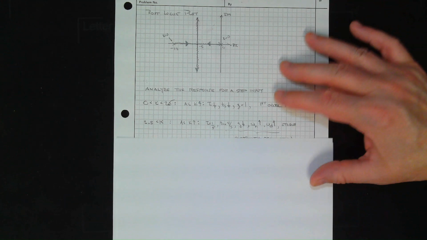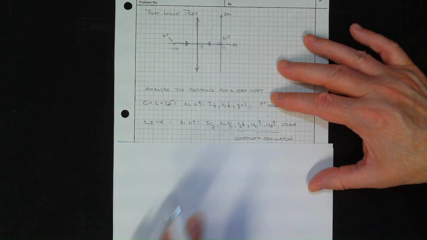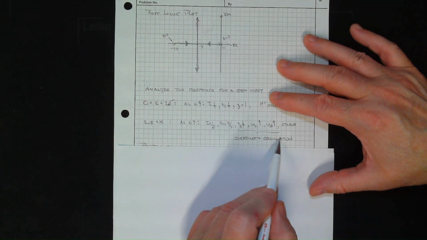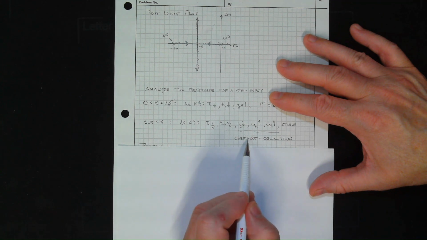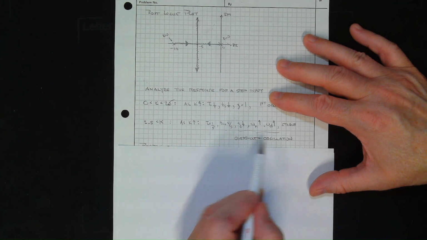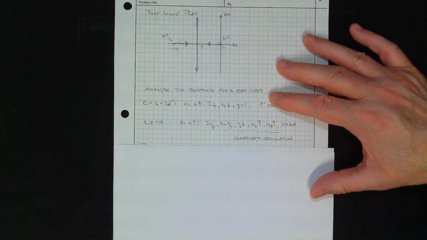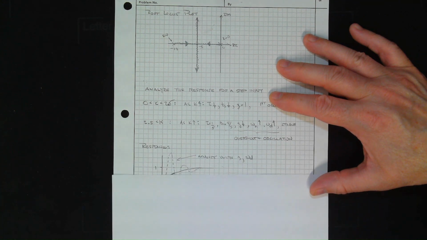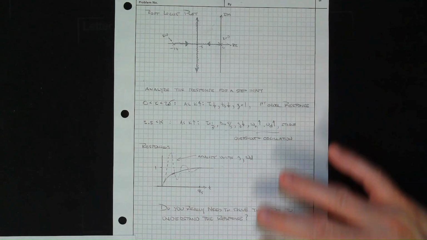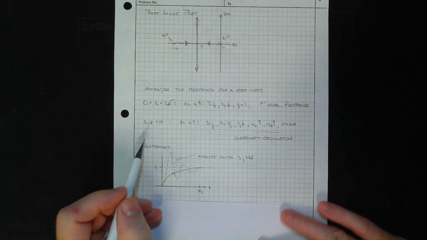All right. So what we have here is we're seeing more oscillation, more overshoot as we continue to raise k, while keeping our time constant the same. So if we look at this, let's see what we have here.